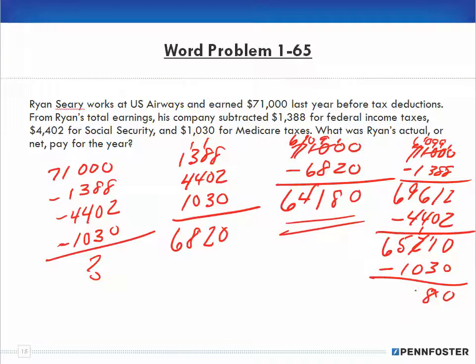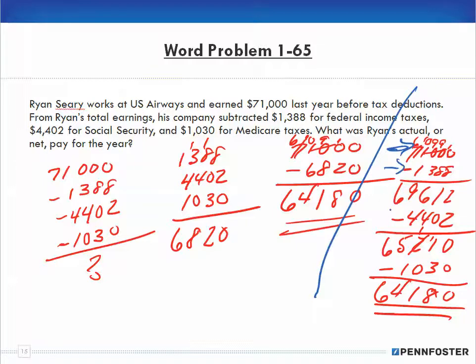That's 1, and that's 4, and I arrive at the same thing. So the two different ways of going about doing it is, one, you can start out with your 71,000 and then subtract the deduction, get another figure, subtract the deduction and get your bottom line, your net pay.